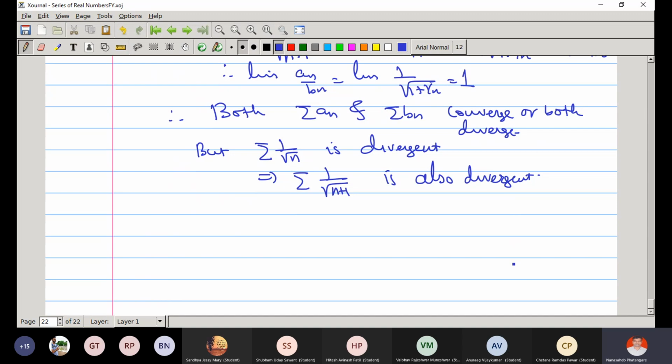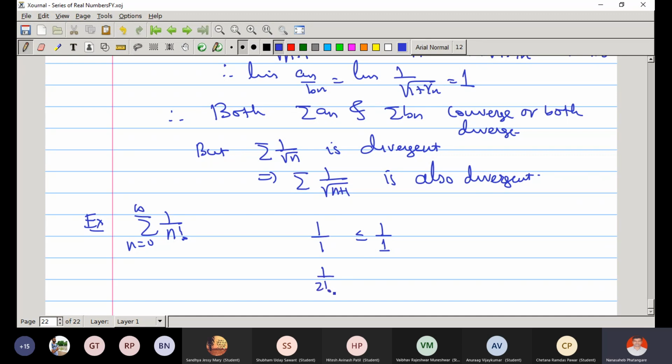We have already discussed that the series 1 upon n factorial is convergent, because the corresponding sequence of partial sums is monotonically increasing and bounded above. Now, what is a simple observation here? 1 upon 1 factorial is less than or equal to 1 by 1.